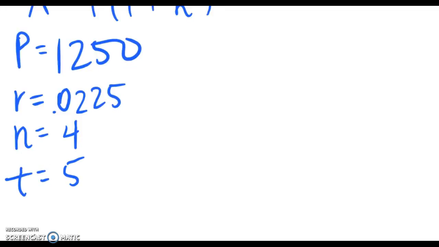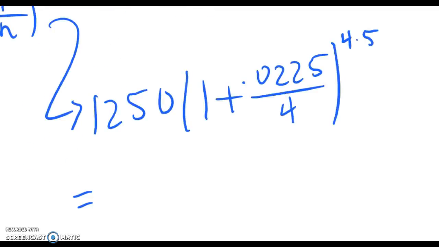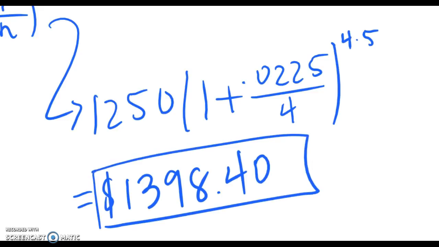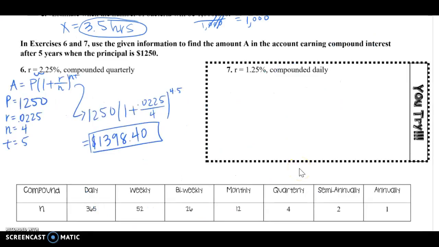Go ahead and plug all those numbers back into your equation. If you put this on the calculator, you would get 1,398.4. This represents money, so go ahead and put the dollar sign and then the 0 after the 4. Now I want you to try number 7 on your own. And that's it.